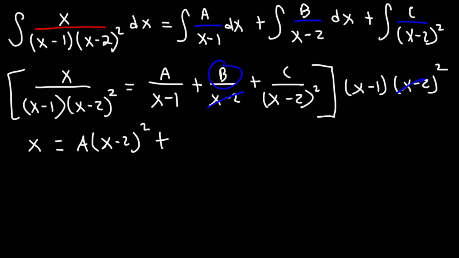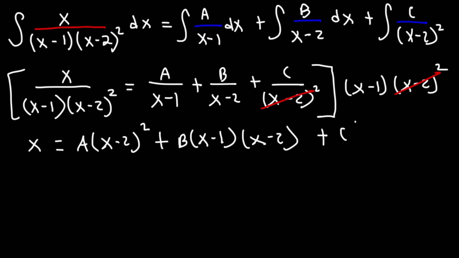So we're going to have b times x minus 1 times x minus 2. And finally, the x minus 2 squared terms will cancel, and we'll be left with c times the factor x minus 1.